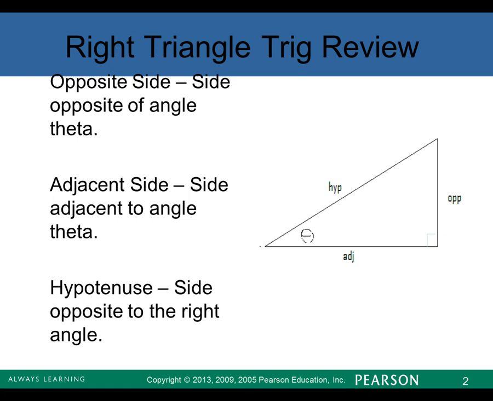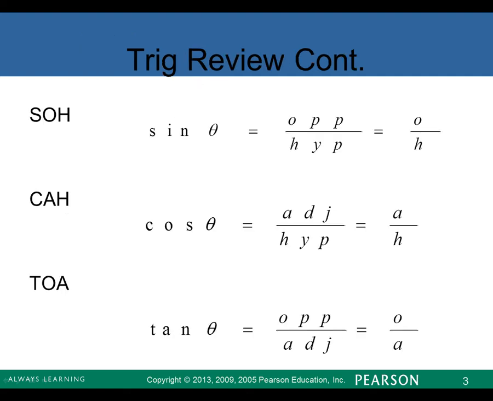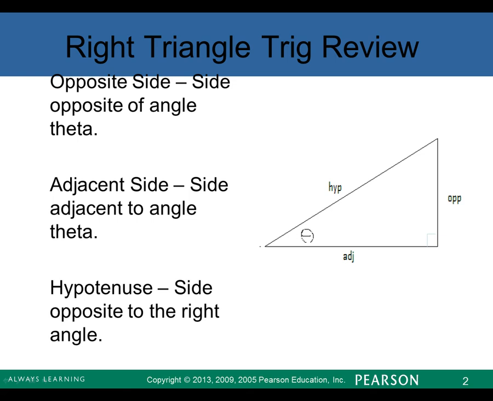Okay, and so last lesson we talked about just angles. Now we're looking at a complete triangle, and of course a triangle has 3 internal angles in it. But here we're referencing angle theta.